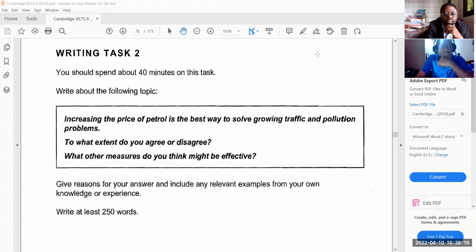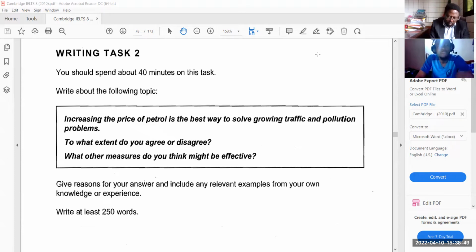And task requirement 2, the other measures which might be effective to solve the problem. And at the conclusion, I think I can give my own experience or own knowledge.